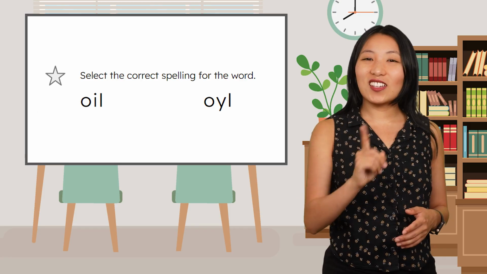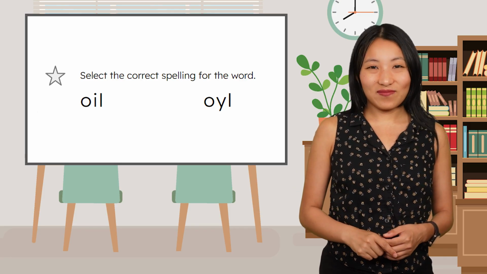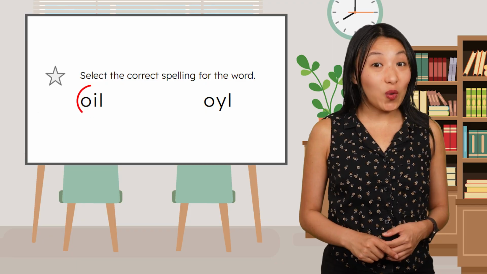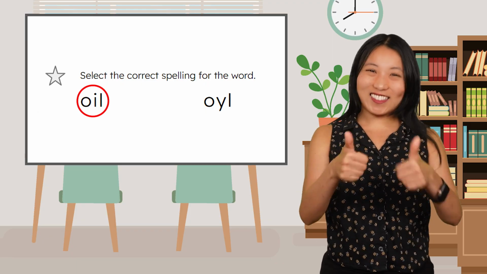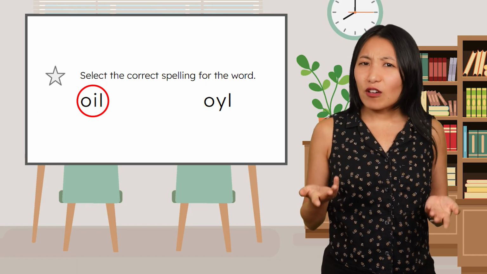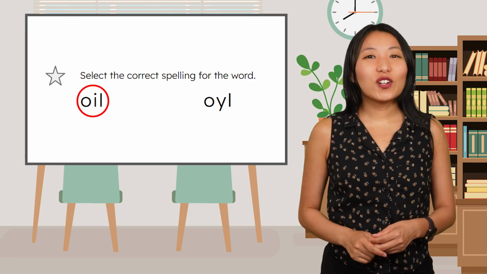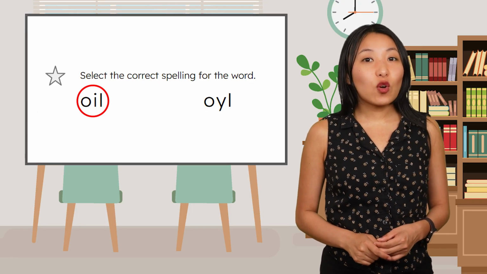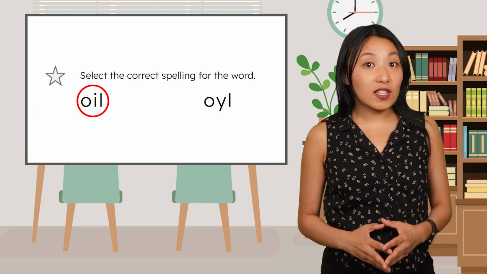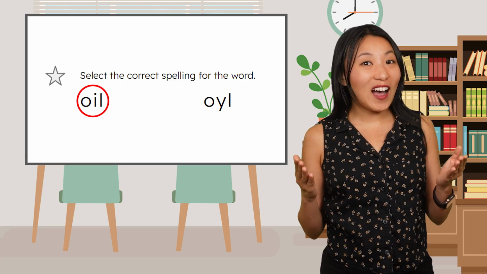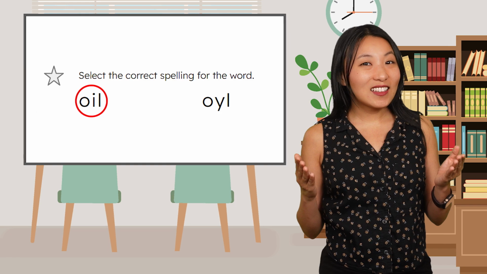Circle your answer in your guided notes. Did you circle OI? That's right. How'd you know? The word oil is one syllable and the OI sound isn't at the end, which means we have to use the spelling OI. Sound Lab complete.